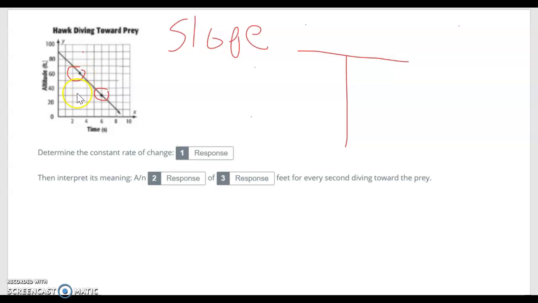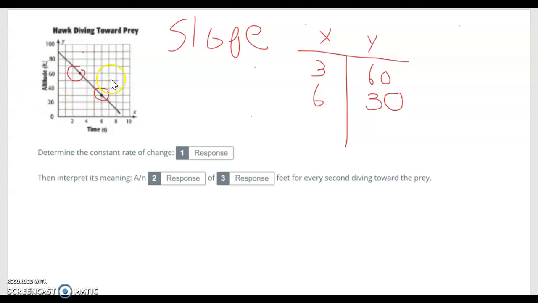My first point, my x value is 3, when my y value is 60. For this point right here, my x value is 6, when my y value is 30.